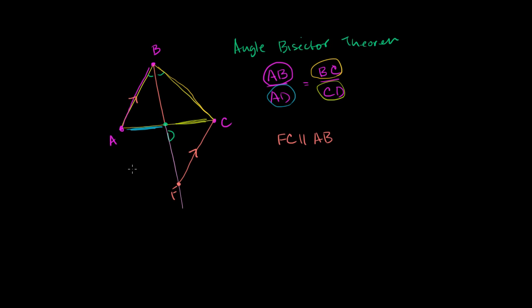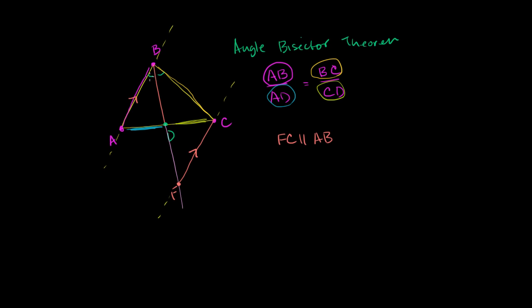So before we even think about similarity, let's think about what we know about some of the angles here. We have alternate interior angles, so just think about these two parallel lines. I could imagine AB keeps going like that, FC keeps going like that, and line BD right here is a transversal.